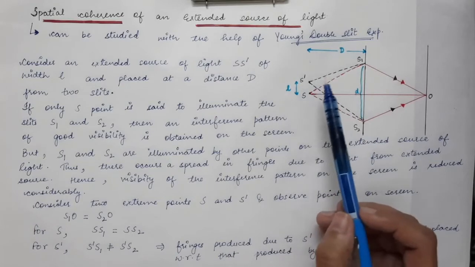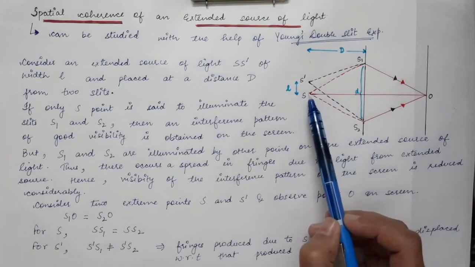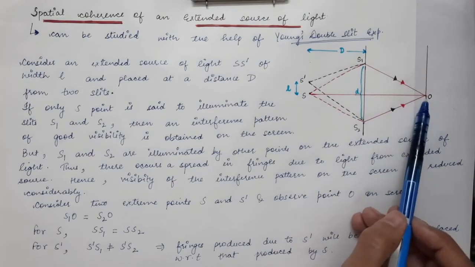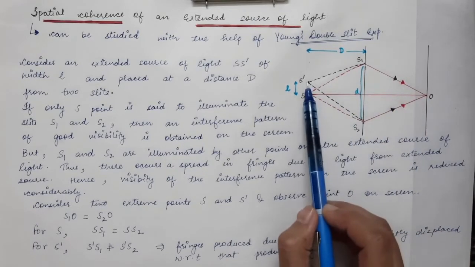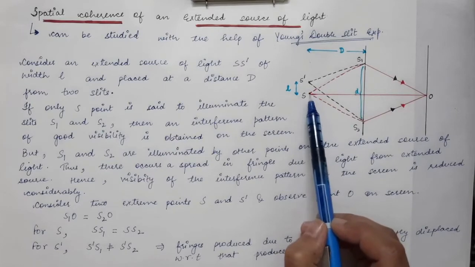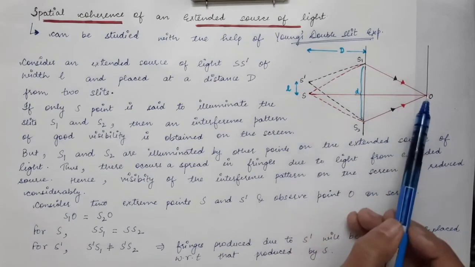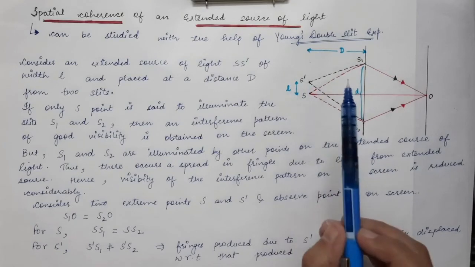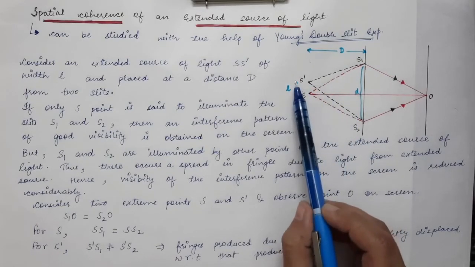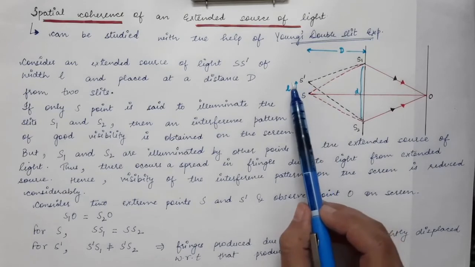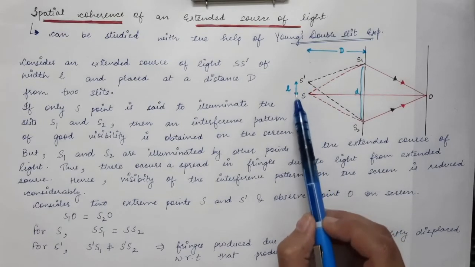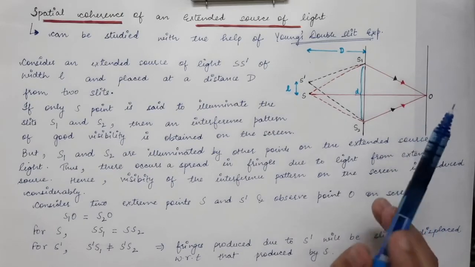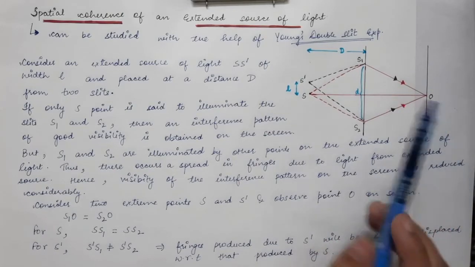Complementary means wherever we have a bright fringe due to S, at that same point we will have a dark fringe due to S prime, and wherever we have a dark fringe due to S, at the same point on the screen we will have a bright fringe due to S prime. It means that by increasing this distance, we have reached a particular length such that the interference pattern on the screen will completely vanish.